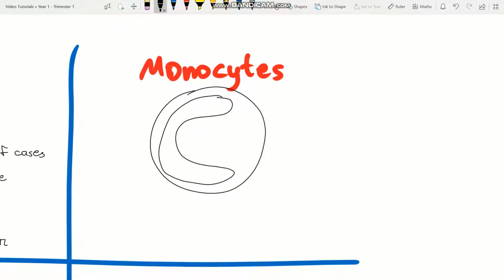This leukocyte does not have any granules in its cytoplasm, and therefore its cytoplasm does appear clear. Instead, it is able to phagocytize pathogens, so phagocytosis allows for the ingestion of pathogens.